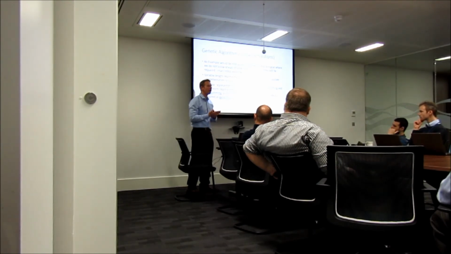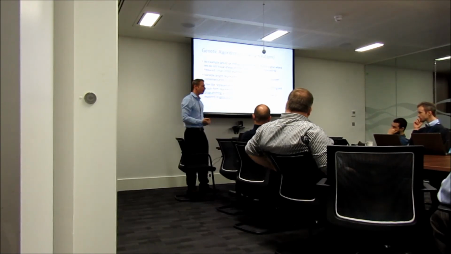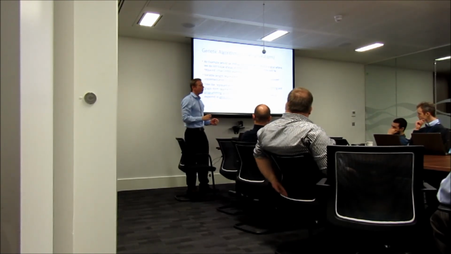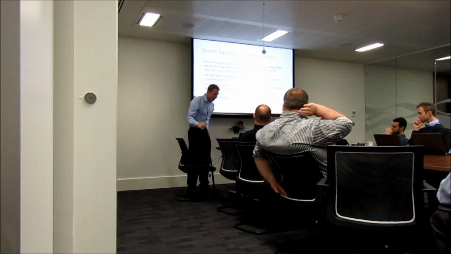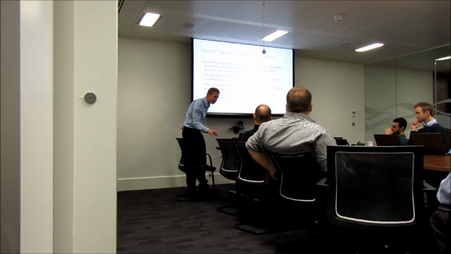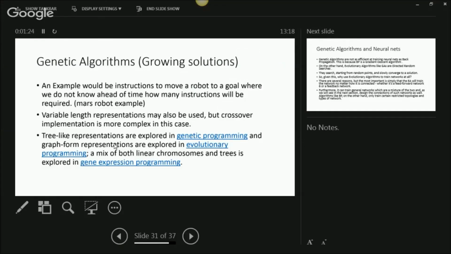We don't know in advance how many commands it would take for our robot to navigate through the whole square. So we may allow our chromosome to be of variable length so it can grow. It makes crossover a little more complicated. And we can also generate a tree-like representation, a mix of both linear chromosomes and trees, and there are various techniques here.